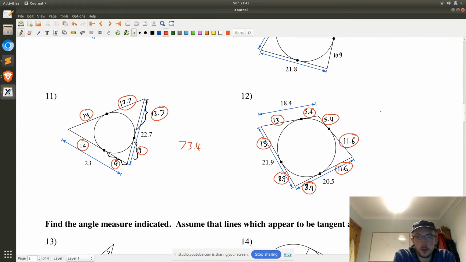And then 34 plus 17.8 will result in 51.8. And then 51.8 plus 26 results in 77.8. Or so it seems.